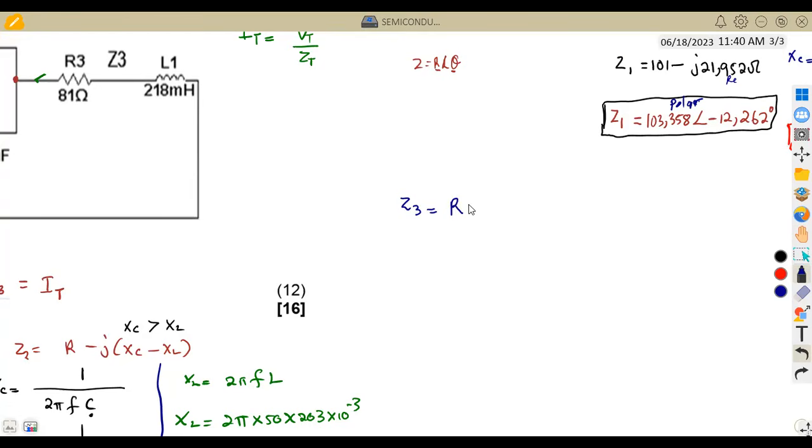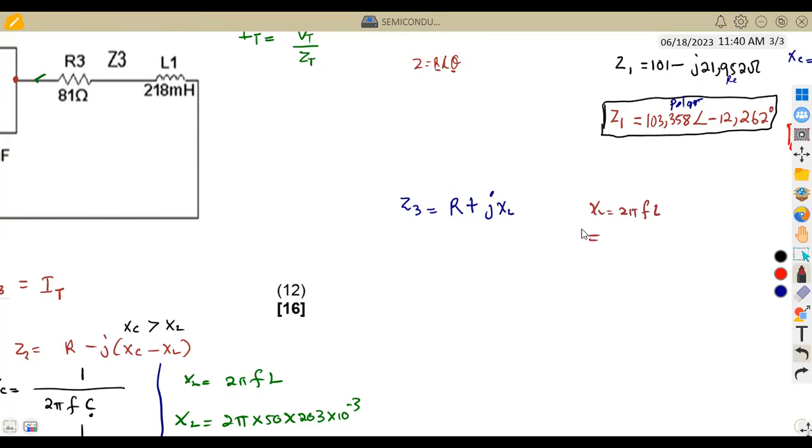This is an inductor, so it is going to be R plus JXL. Remember I said for a capacitor, it's minus. So we need to calculate XL, and I told you the formula that XL is equivalent to 2 pi FL.